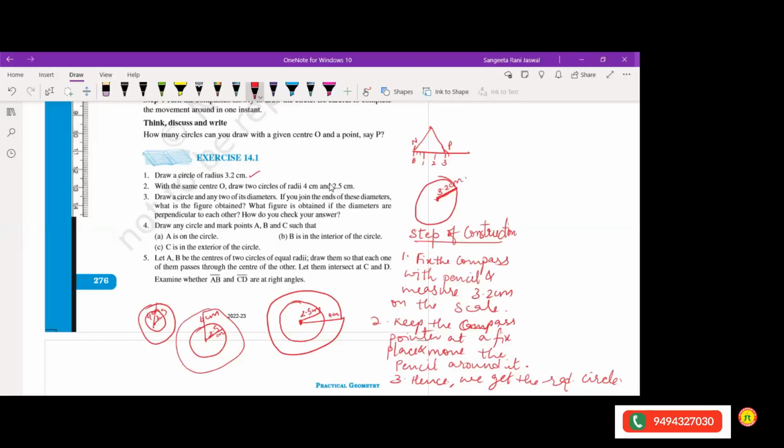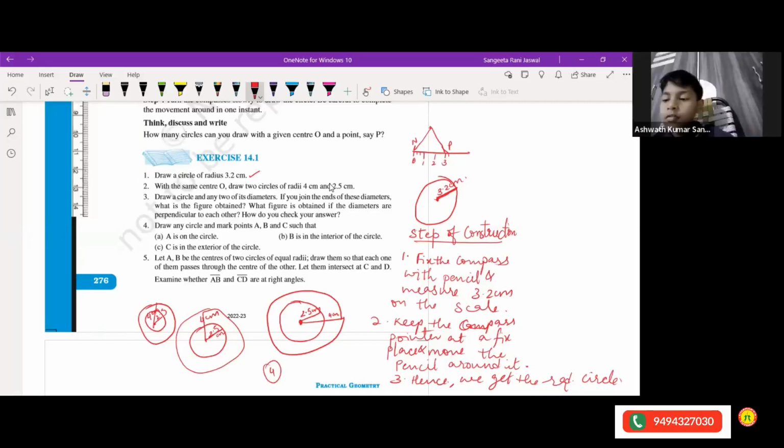This much is done for the first circle. Then step number 4 will be: keeping the same center and radius equal to 4 centimeter, make another circle.